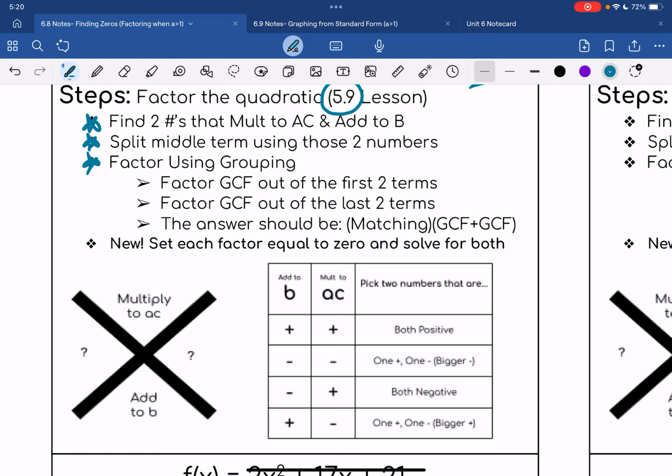So we factor the GCF out of the first two terms, factor the GCF out of the last two terms, and what's left behind should match. We write our answer as those matching things left behind as one factor, and our GCF plus our GCF as the other. The only thing that's new today is we're going to set each of those factors equal to 0 and solve each of them.